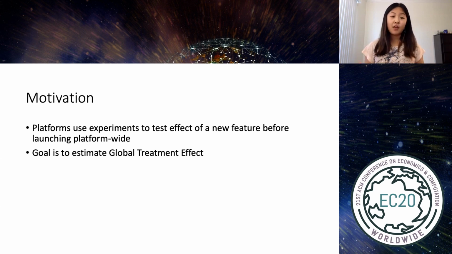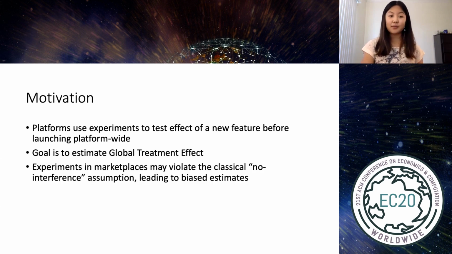And for a lot of experiments, the analysis of these experiments is very straightforward. You just randomize people to treatment and control groups, and then you just take the average of the metric in either group, you take the difference, and this gives you an unbiased estimate of the global treatment effect. However, in marketplaces, this is not always the case.